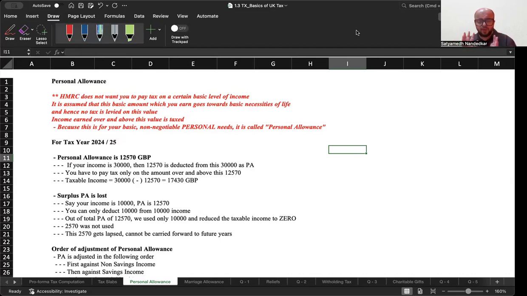With that perspective in mind, this amount is not taxed, which means if your income is 30,000, then 12,570 is deducted from this 30,000 as PA, and you pay tax only on the amount over and above this 12,570. So your taxable income will be 30,000 minus 12,570, which is 17,430.